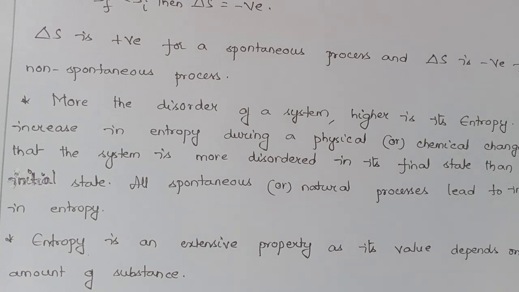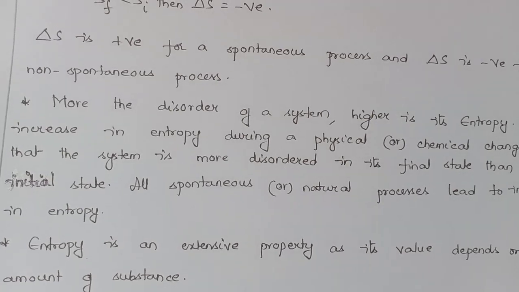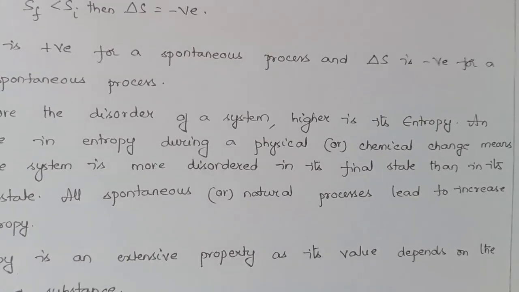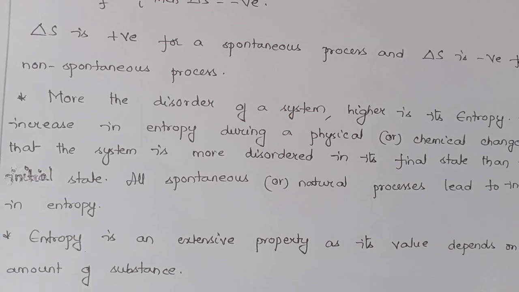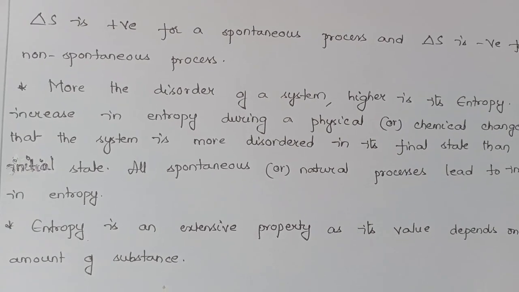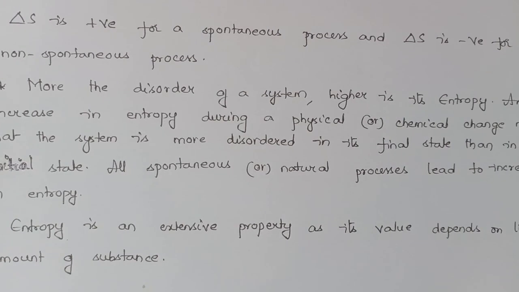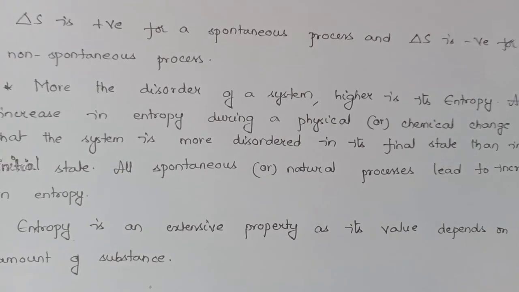It means that it depends on the amount of the substance involved in the reaction. Written that point also? Clear? Take a screenshot, students. Entropy is an extensive property as its value depends on the amount of the substance.